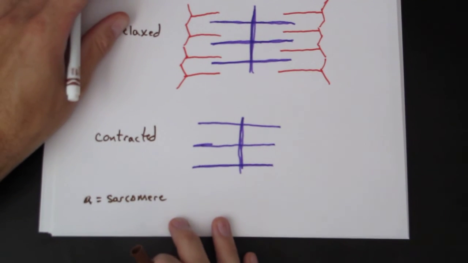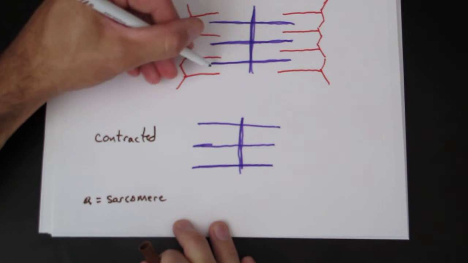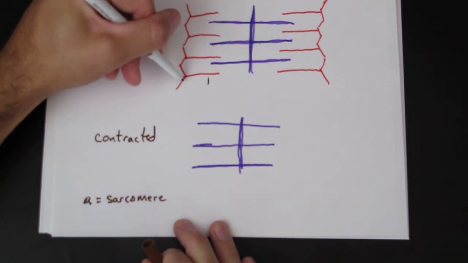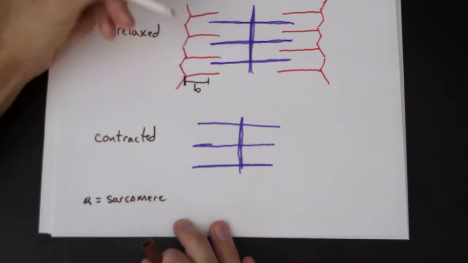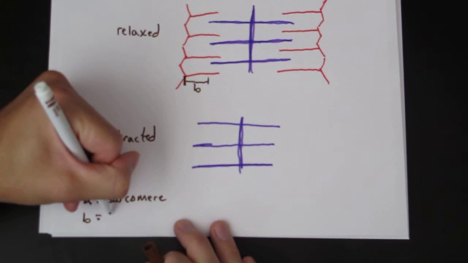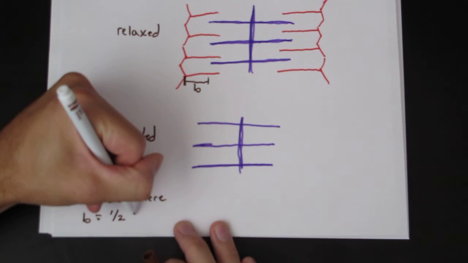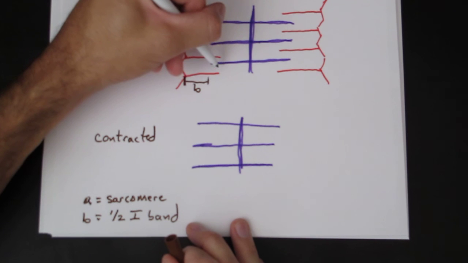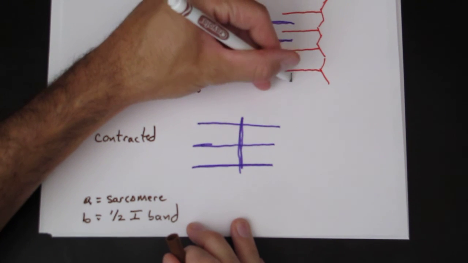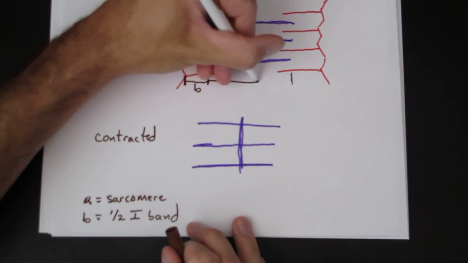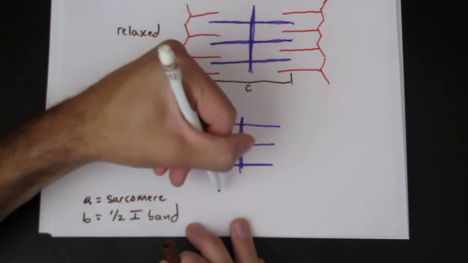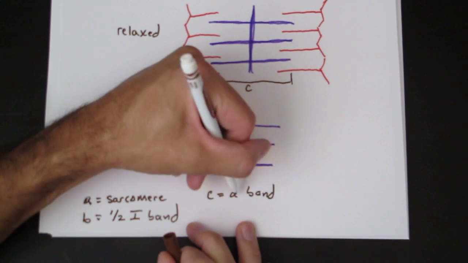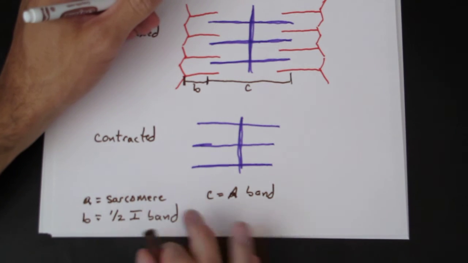Then I didn't draw the entire thing, because I only drew one sarcomere, but from here over to here, we're going to call that B, and B is going to be half of an I band. Right here, C, we have an A band, capital A just to stay consistent here.